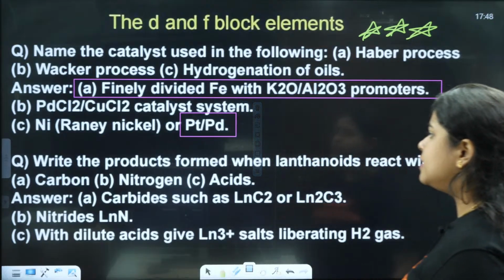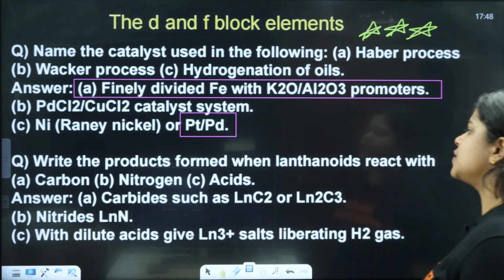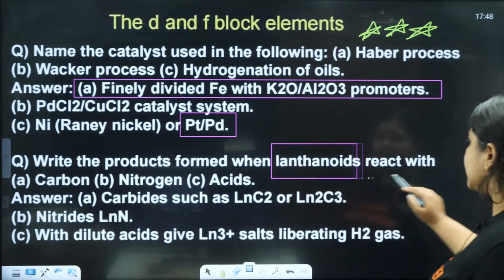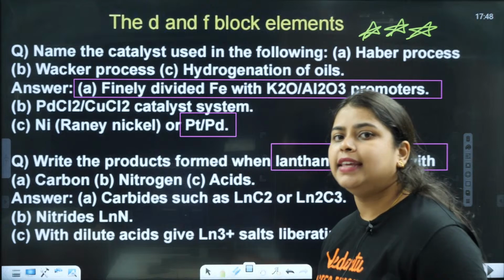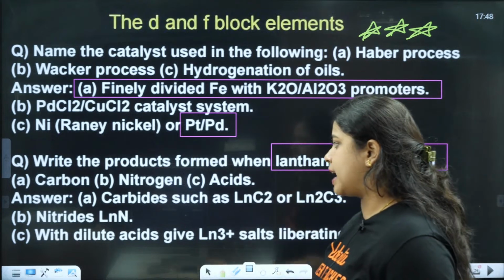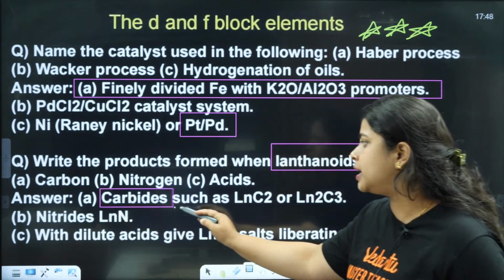Last question: write the products formed when the lanthanides react with carbon, nitrogen and acids. When lanthanides react with carbon, what is formed?